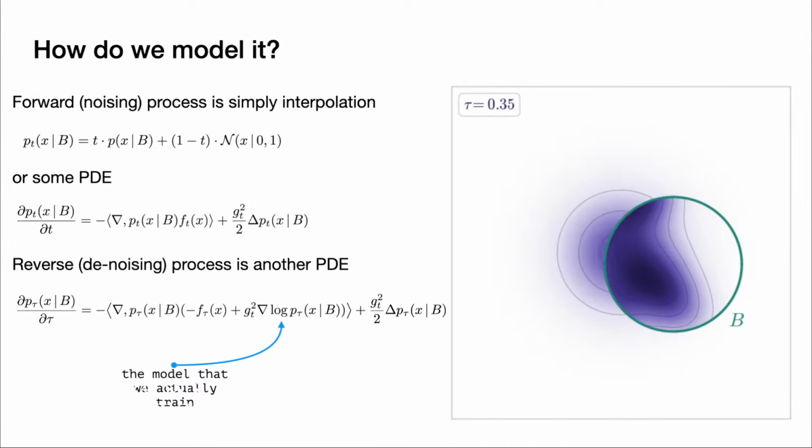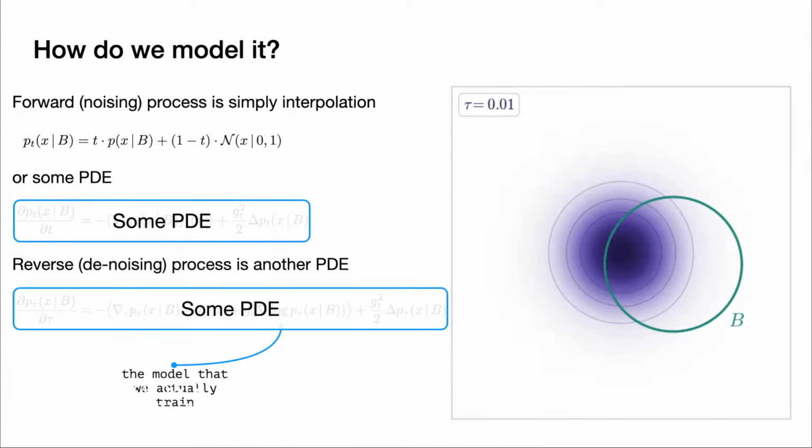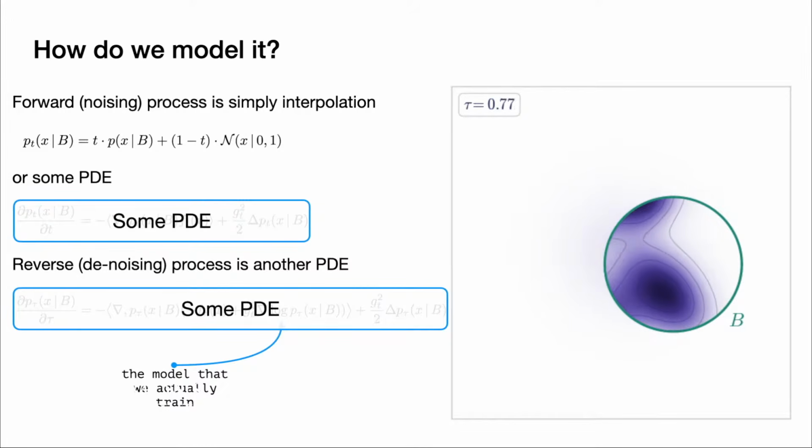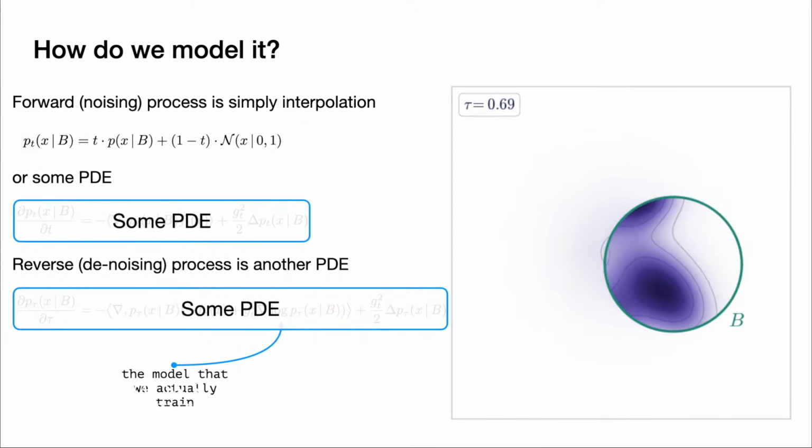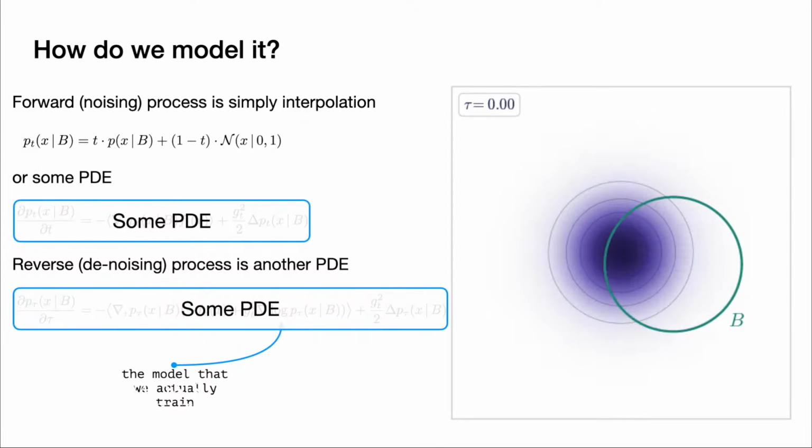So training a generative model, in particular a diffusion model or a flow matching, many other models, on this data would allow us to sample from P of x given B by defining this time-dependent process. And I suggest we don't think about PDEs here at all, because it's just some accounting that's not very interesting and is not elucidating anyhow.